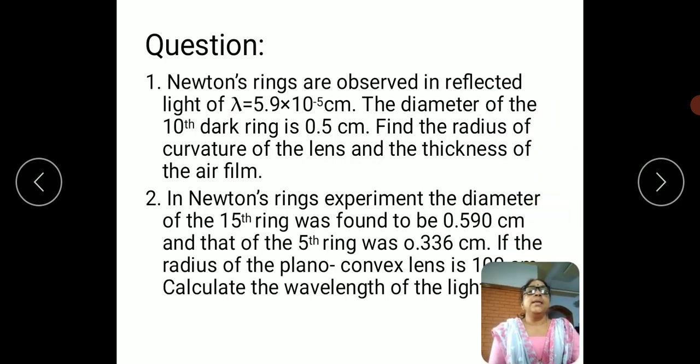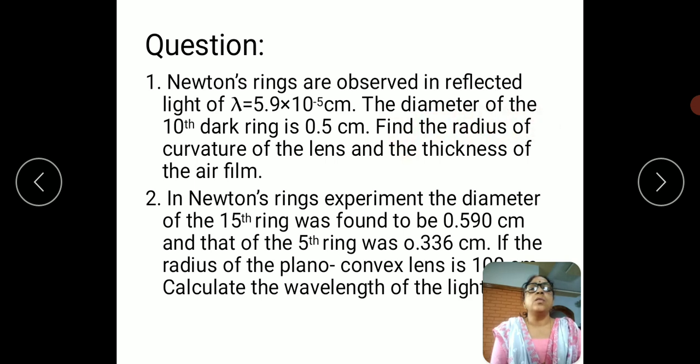Now, these are a few questions on the basis of the Newton's rings apparatus. Newton's rings are observed in reflected light of wavelength lambda equal to 5.9 into 10 raised to minus 5 centimeter. The diameter of the 10th dark ring is 0.5 centimeter.